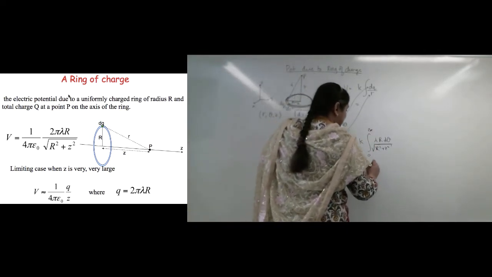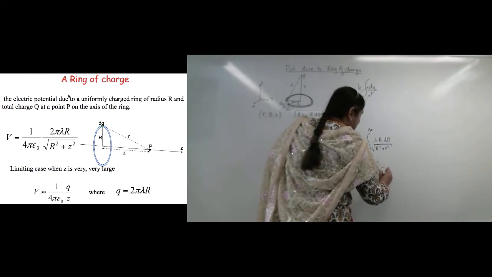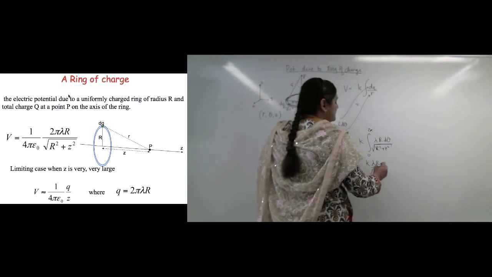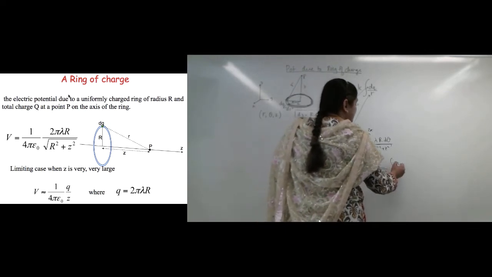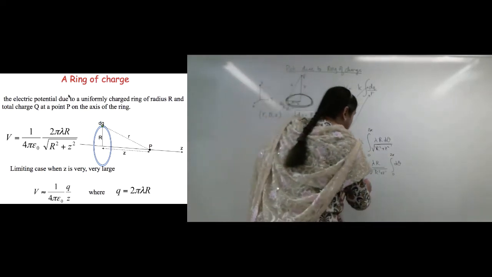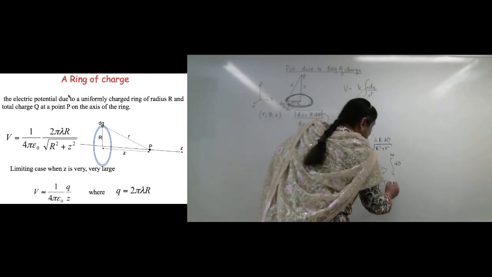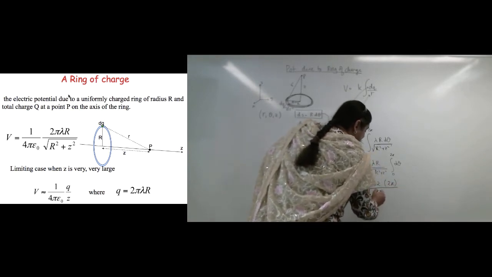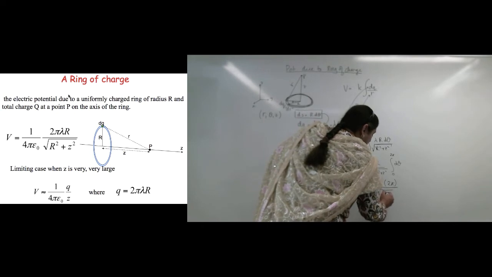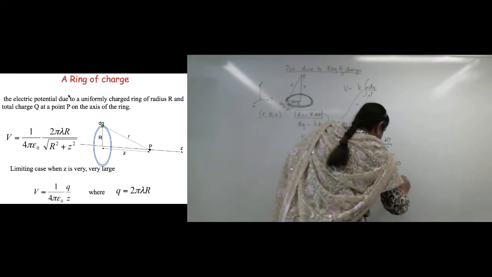That means it's k lambda r over the square root of r squared plus z squared, which comes out as common. Integrating over d theta from 0 to 2 pi basically results in k lambda r 2 pi divided by the square root of r squared plus z squared, which gives me V.